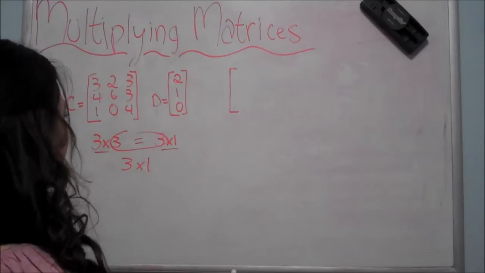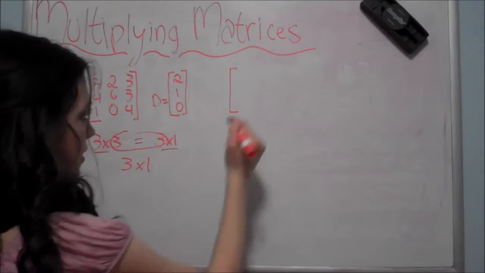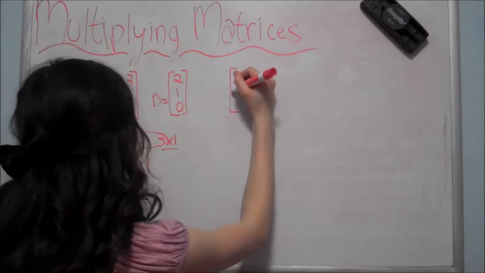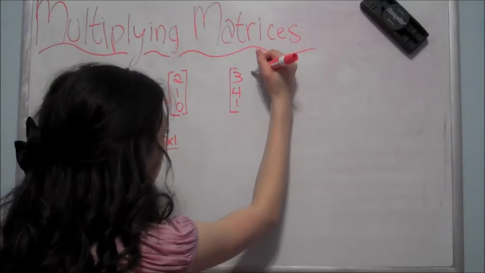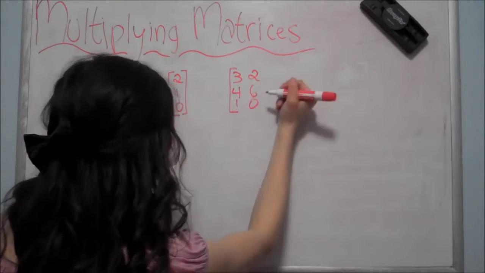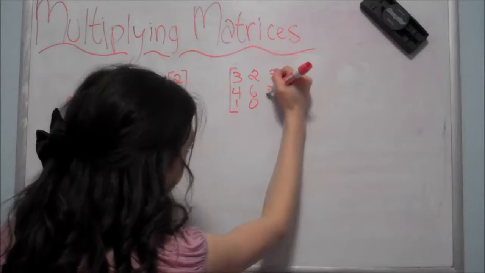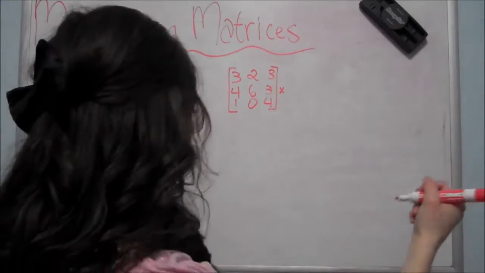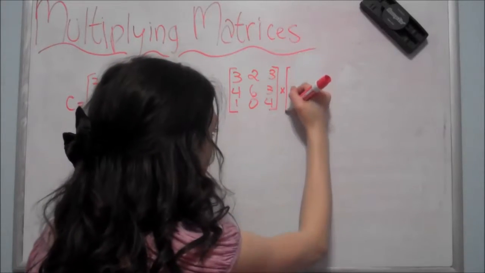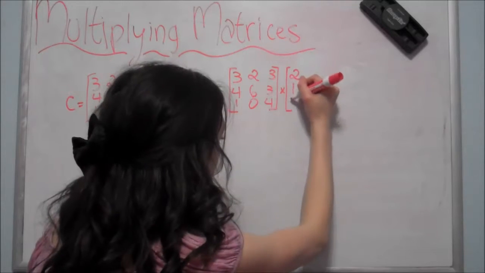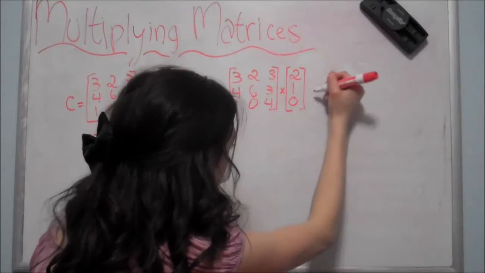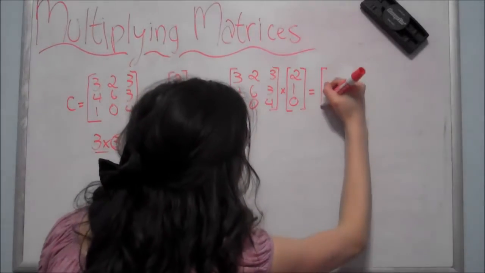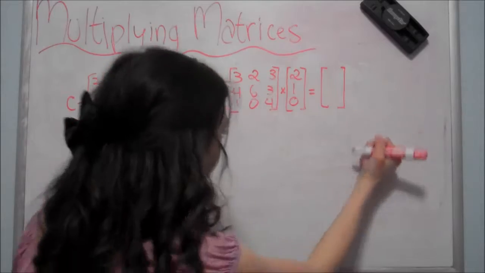Okay, so let's write it over here: 3, 4, 1, 2, 6, 0, 3, 3, 4 times 2, 1, 0 equals, and here we know it's going to be a 3 by 1 matrix.